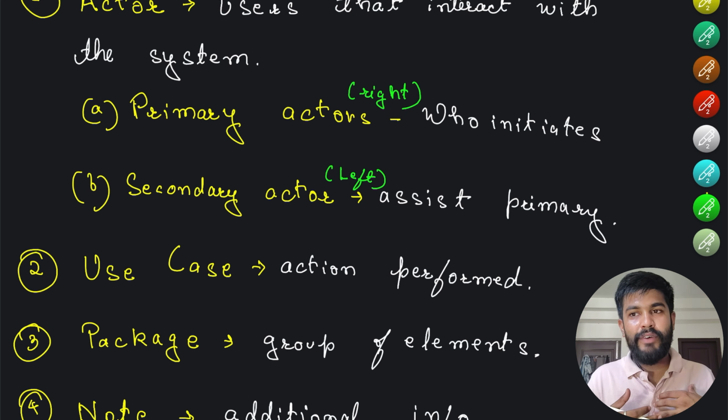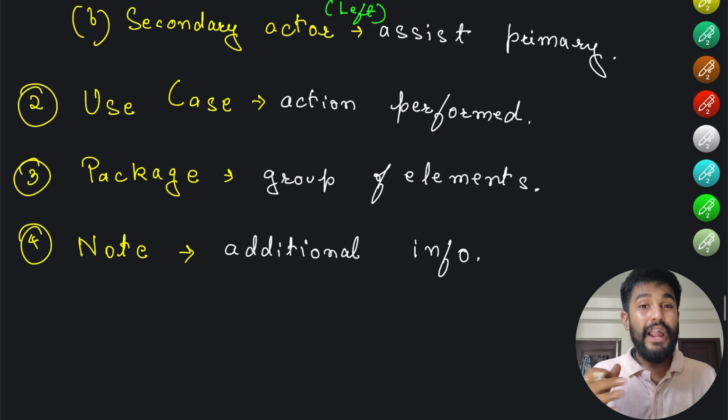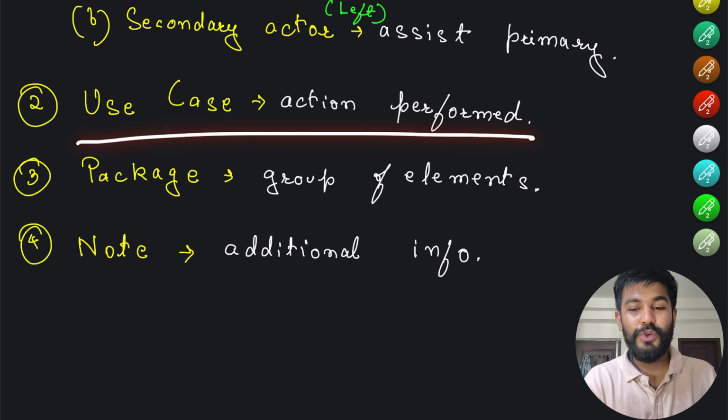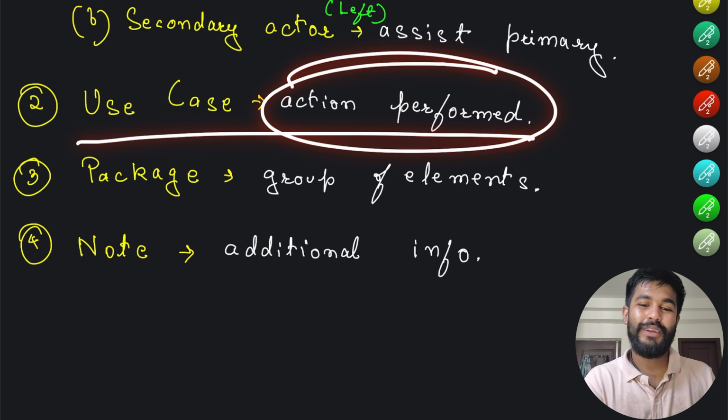So I would be the one who wants to transfer the fund, but the bank officials would be there to help me. So me who initiated the transfer of funds is a primary actor, and the bank officials helping me are the secondary actors, okay. And me showing different emotions to the outside world, this is known as use case, that is actions performed, okay.